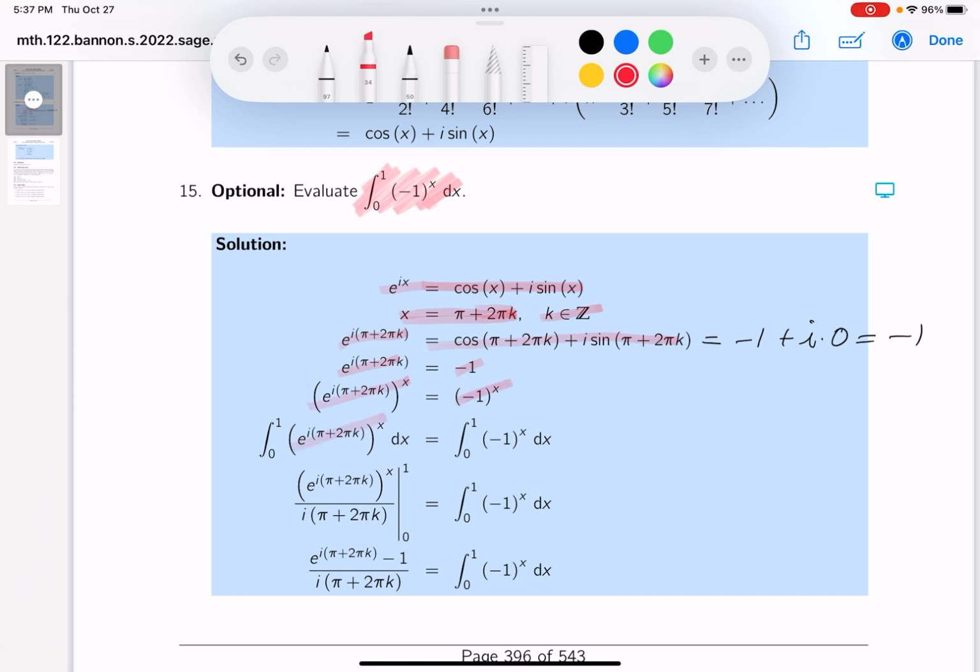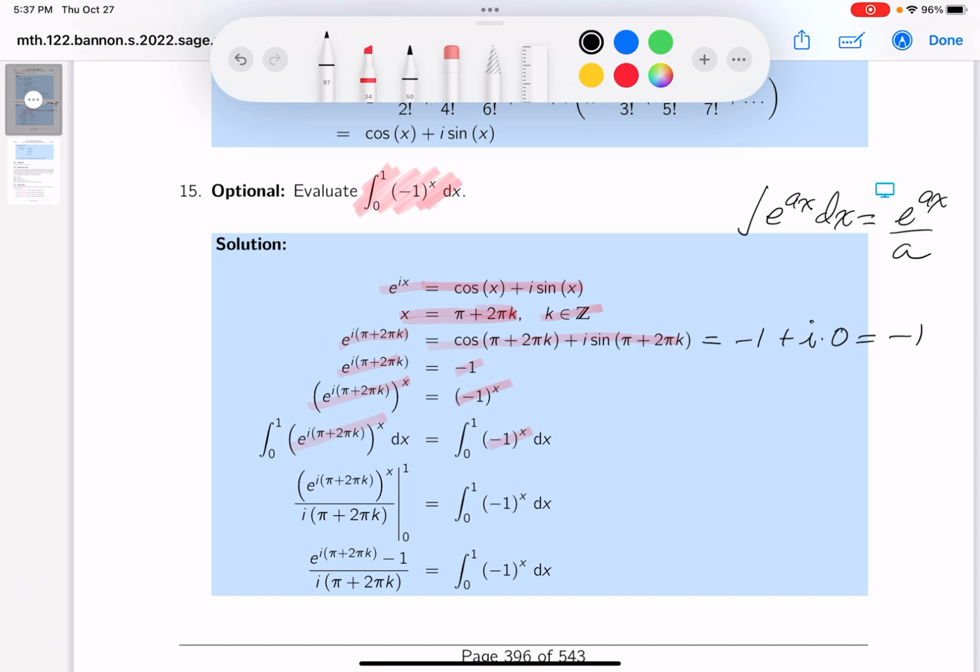I change the integrand to that form, and the reason is I know how to integrate e to a power. If you integrate e to the ax dx, that would be e to the ax over a, and that's all I'm doing.